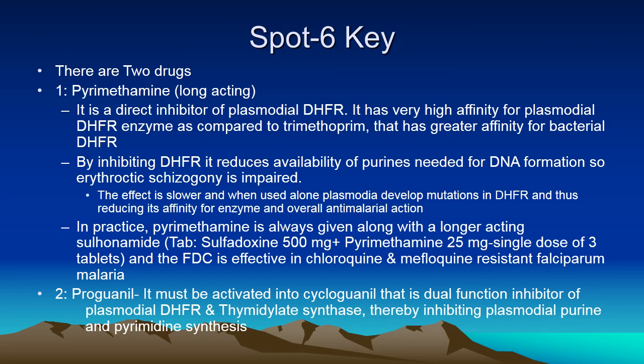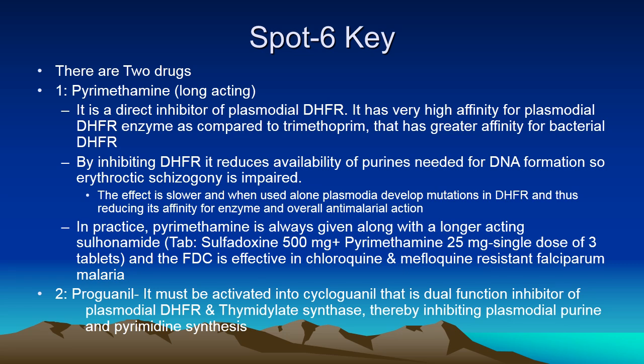One important drug is pyrimethamine, a long-acting drug and a direct inhibitor of plasmodial dihydrofolate reductase because it has very high affinity for malarial dihydrofolate reductase rather than bacterial. For bacterial, trimethoprim has a greater affinity.